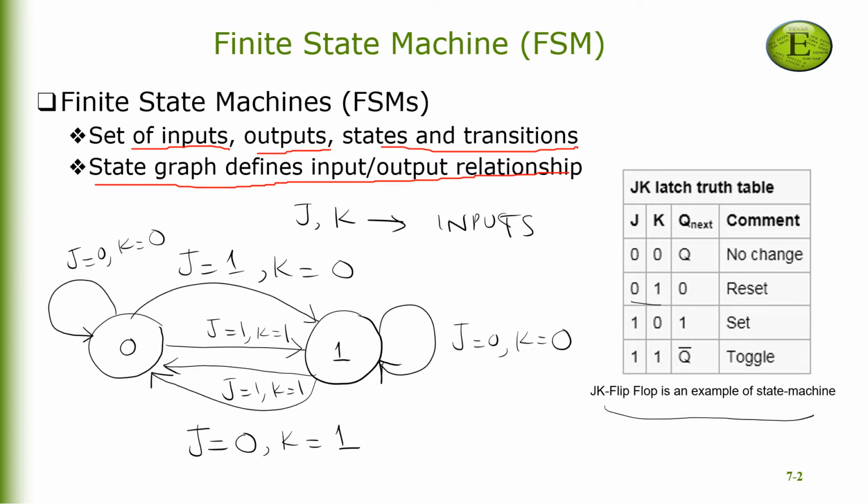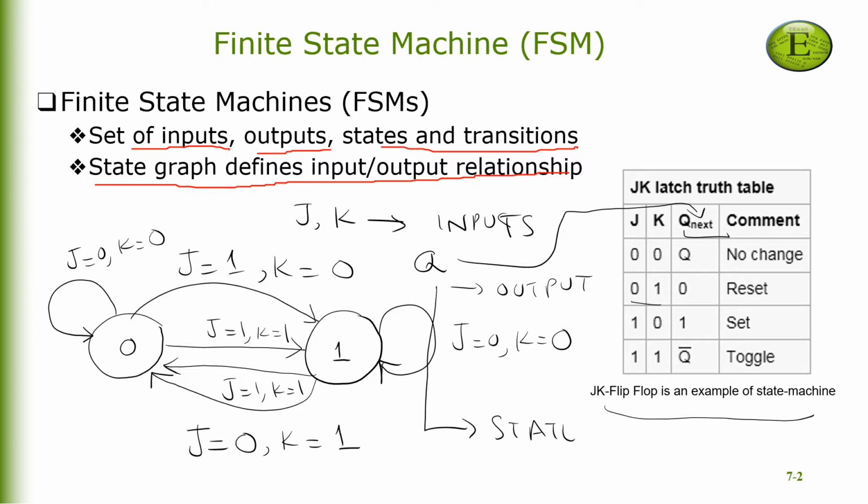And the Q over here, the Q next, Q, as indicated here, is the output, and coincidentally Q is also the state, because this is representing the memory component of the JK flip-flop. And these arcs represent the transition that we described earlier. And this is a pictorial representation of a finite state machine.